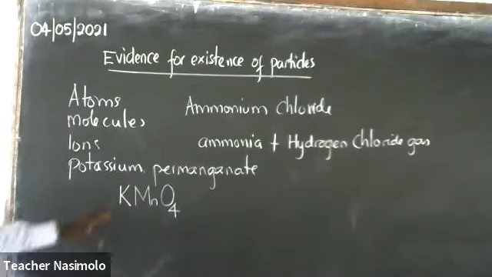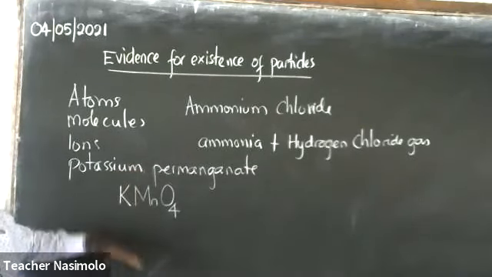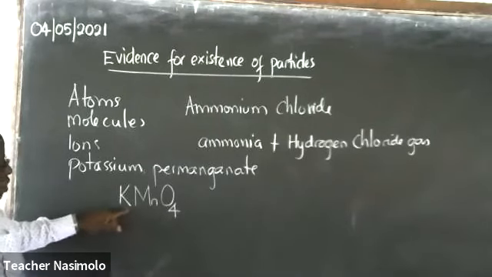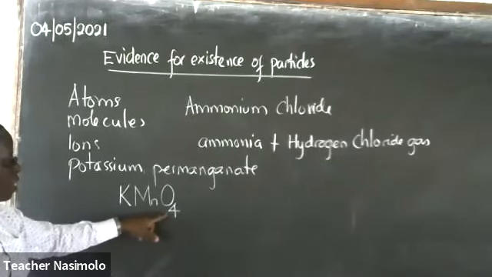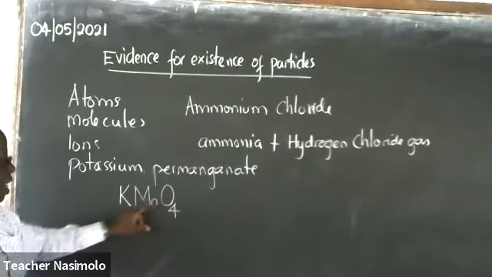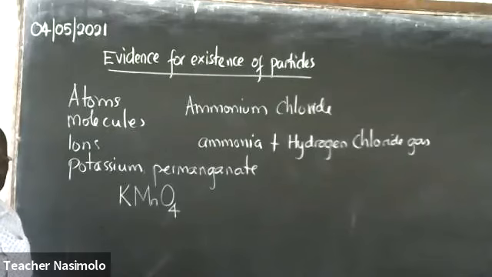So that is the compound that I've used, potassium permanganate. In short, we can write a symbol or the chemical formula for it, which is this one here. But of course, we shall learn about chemical formulae later on. We don't need to bother about why we write the O here, why we write the capital M, the small n, and the capital K. We shall be doing it at a later time.